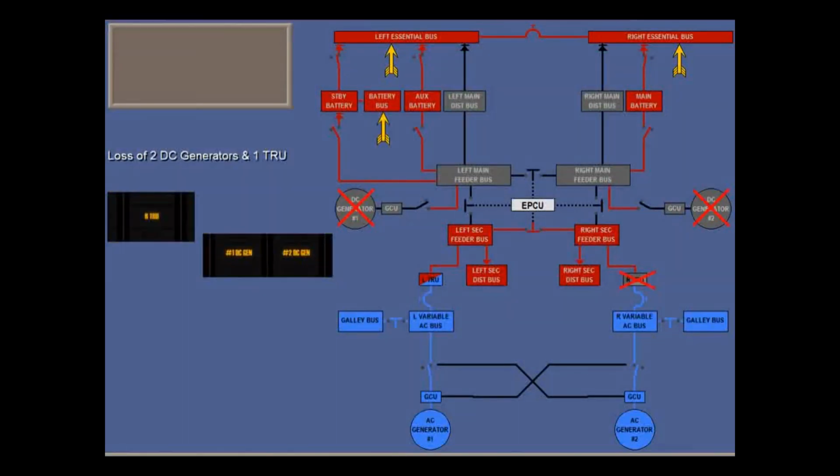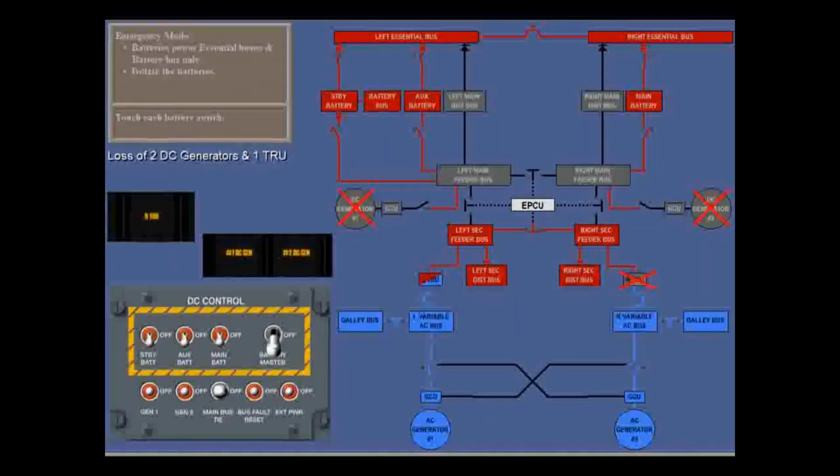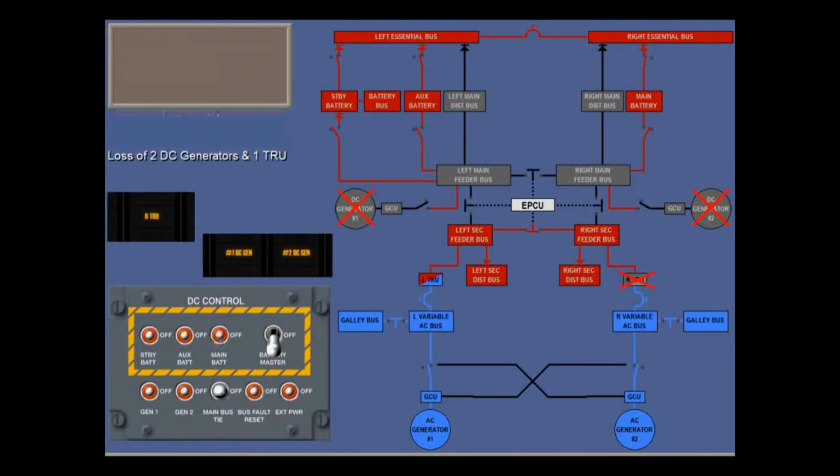The batteries are only powering the essential buses and the battery bus. Normal practice is to isolate the batteries. Touch each battery switch to switch it off. You have limited battery power for essential services. The cabin pressure controller will not be powered, so you should descend to below 14,000 feet and land as soon as possible. Refer to your abnormal checklist.